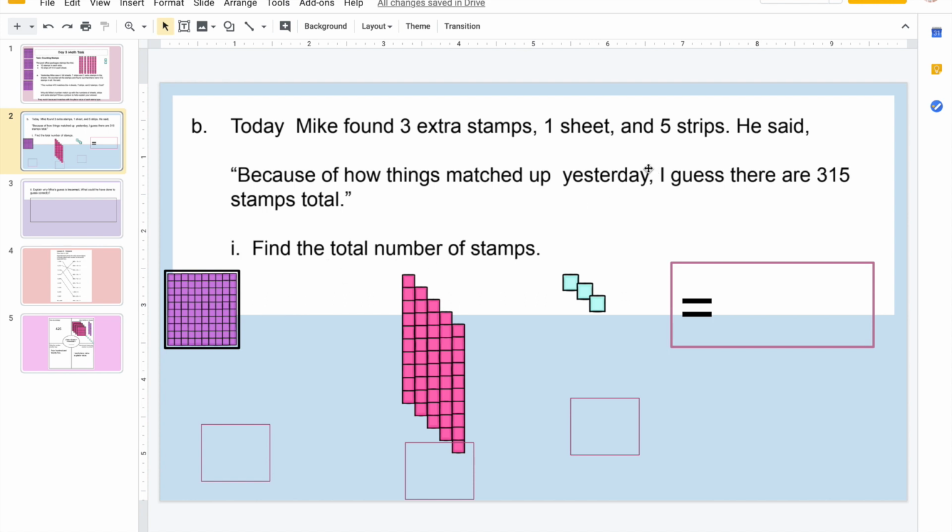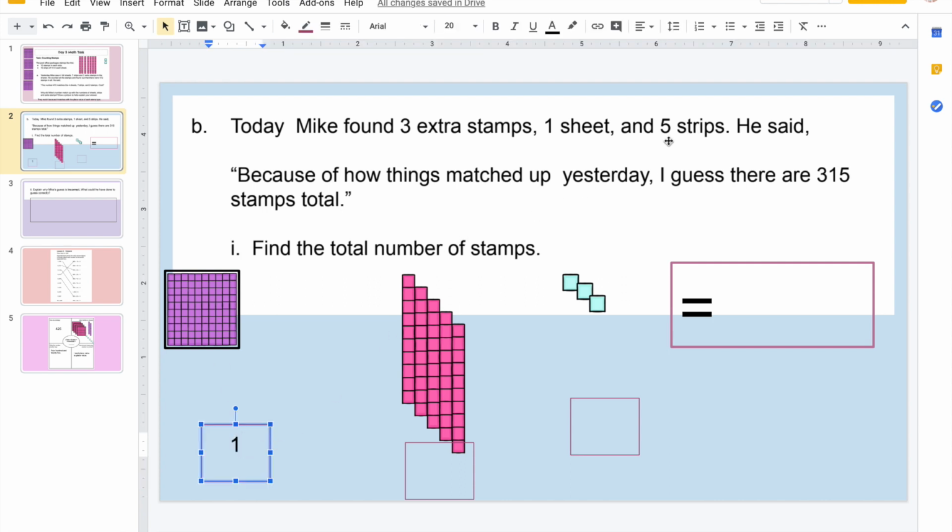So again, the sheet, the hundreds block is going to represent the sheet. Okay, and then the strips are going to represent each strip of stamps where there is 10, and then the ones for our base 10 blocks are going to represent the single stamps that he found. So let's go ahead and count these. We have 1 sheet is going to equal 100.